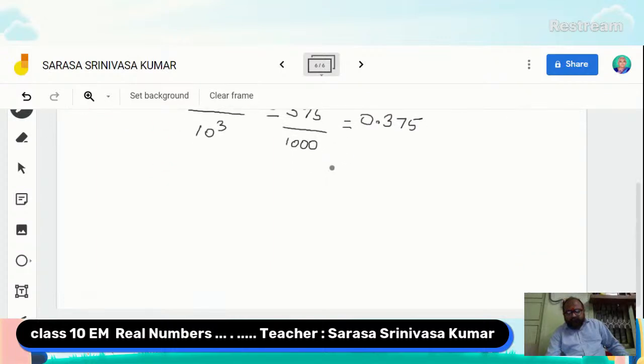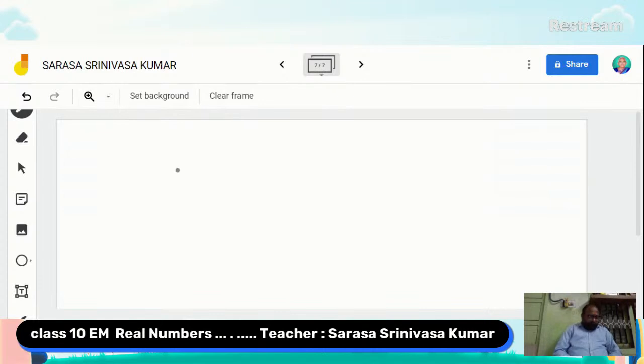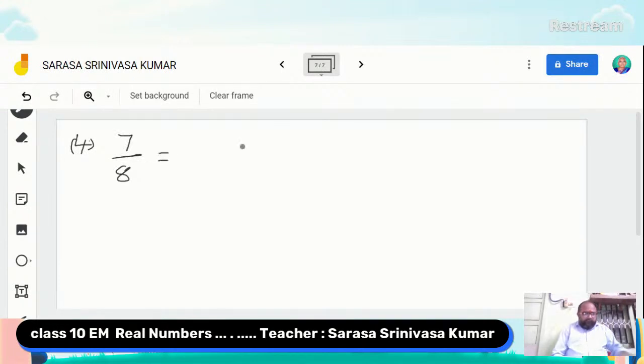And now we consider another problem. Now the fourth problem. 7 by 80. We must convert 7 by 80. Now you can refer to page number 10.